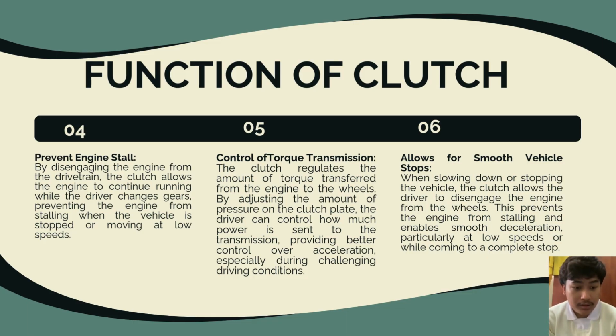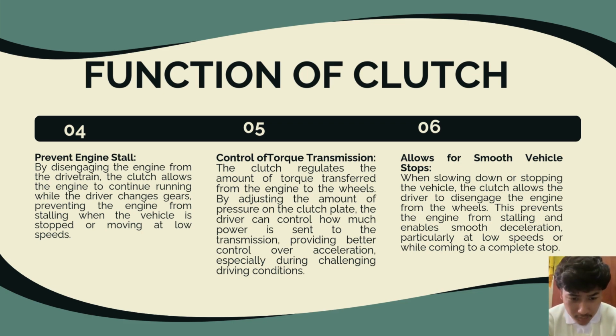Next is prevent engine stall. By disconnecting the engine from the drivetrain, the clutch allows the engine to continue running while the driver changes gear, preventing the engine from stalling when the vehicle is stopped or moving at low speed.